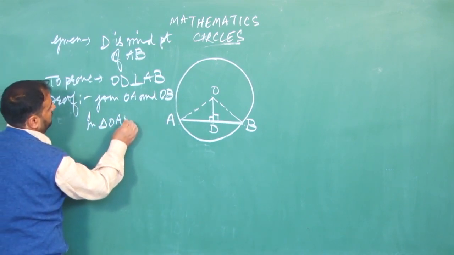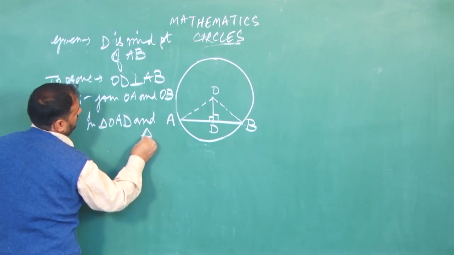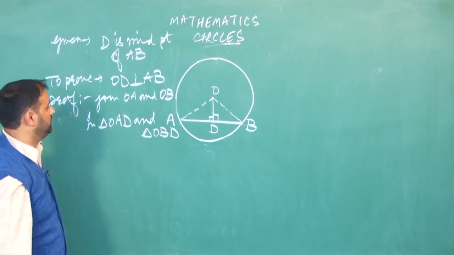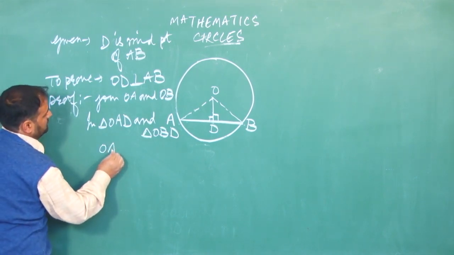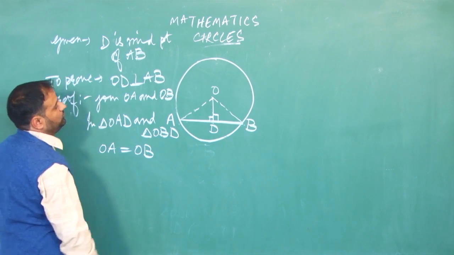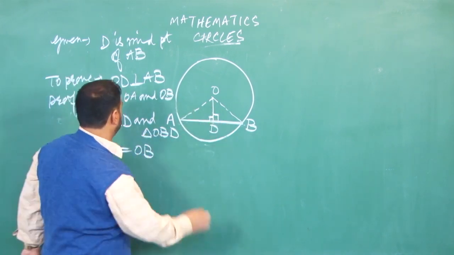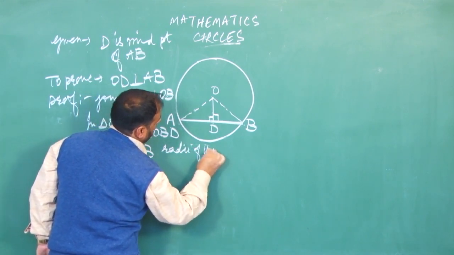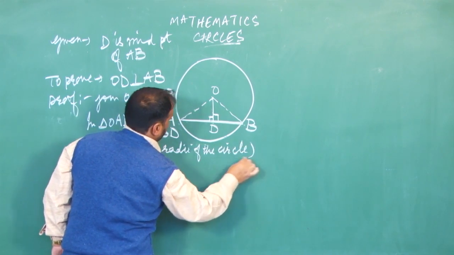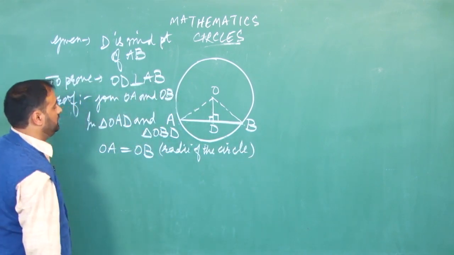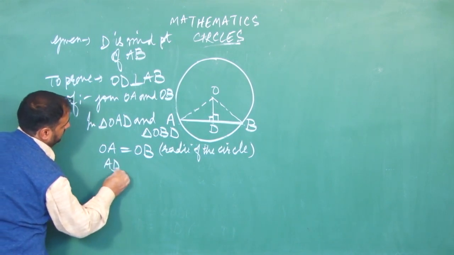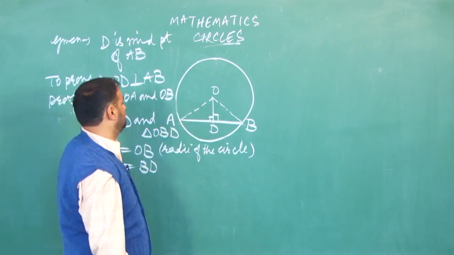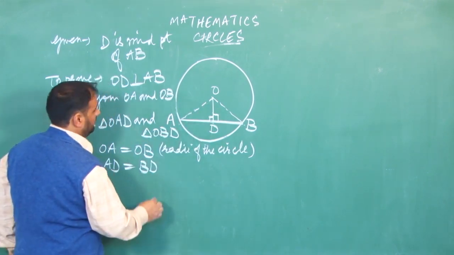One is triangle OAD and another is triangle OBD. Now, to make them congruent, we find that OA is equal to OB. Again, both are the radii of the same circle. The reason is the same. You can write radii of the same circle in brackets adjacent to it. And then we have AD is equal to BD. It is given that D is the midpoint of AB.